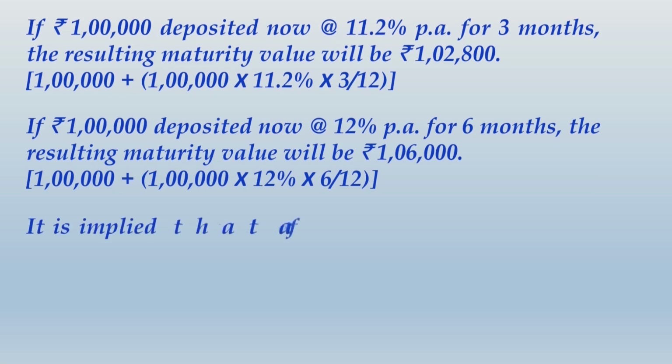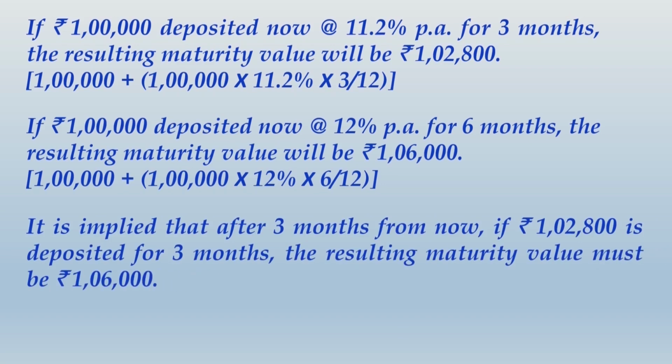And finally, you can write that it is implied that after 3 months, the value of 1,02,800 will be matching with the value of 1,06,000 after 6 months. That means if after 3 months you deposit 1,02,800 for a period of 3 months, it should become 1,06,000. So logically you just have to find the interest rate between those two values.